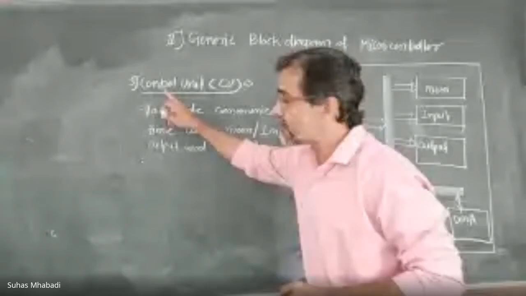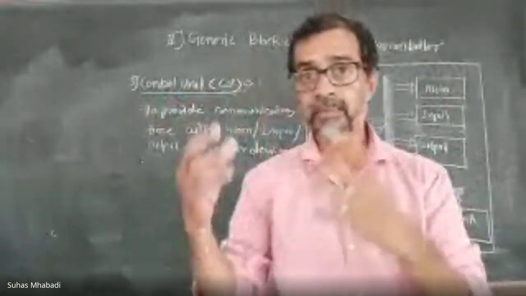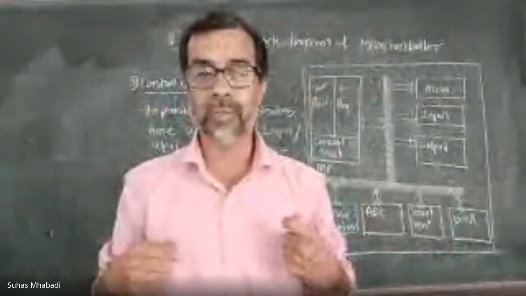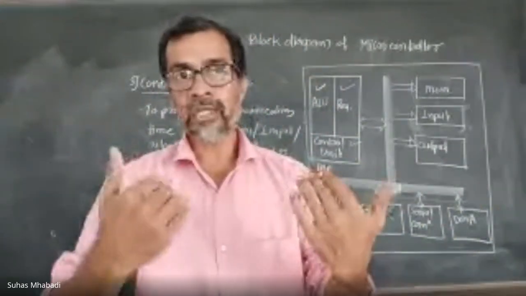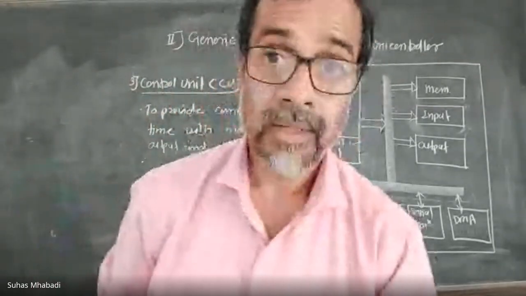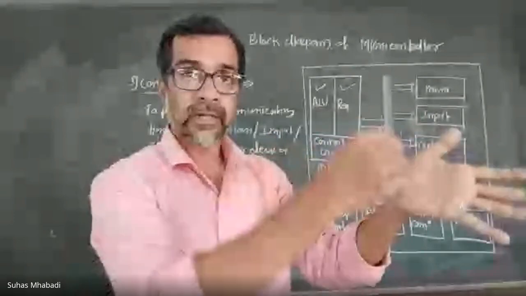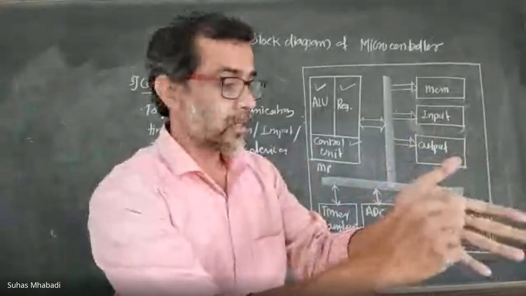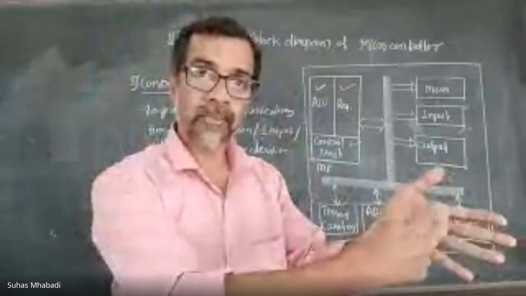At the same time, why do we require this CU? The CU will define which particular operation we are going to carry out. The operation may be a reading process or a writing process. The example was given. When the professor is writing the content on a notebook, this process is called the write process.